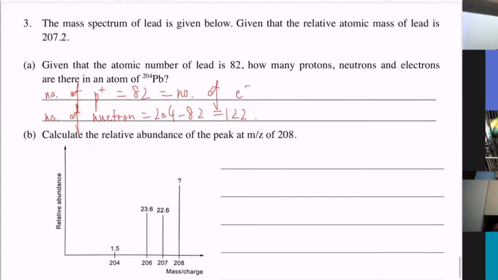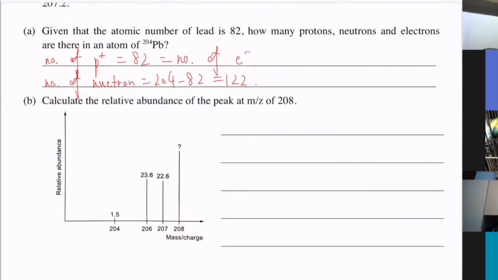And then the next one, calculate the relative abundance of the peak at m over z of 208. So how do we set the equation? We go back to Linus.